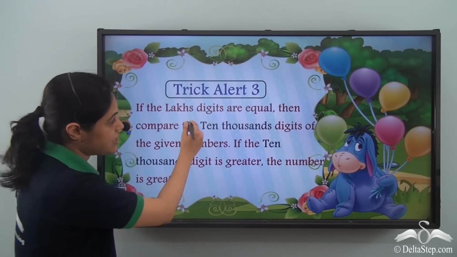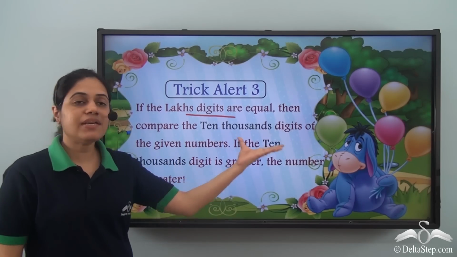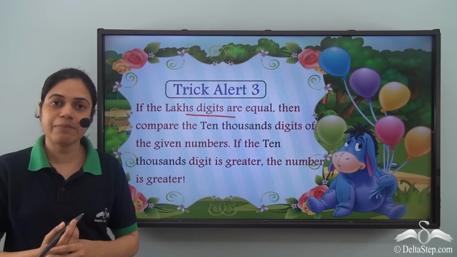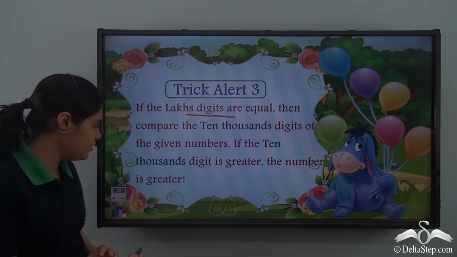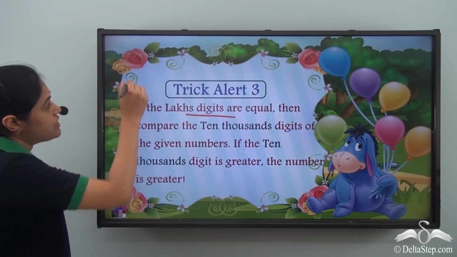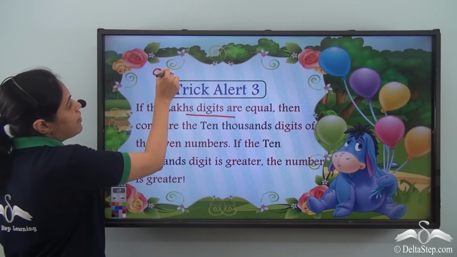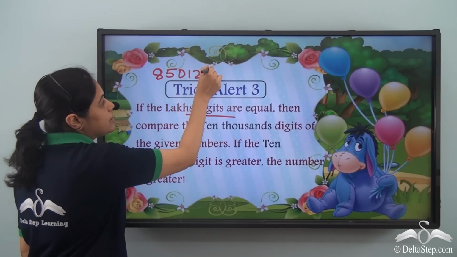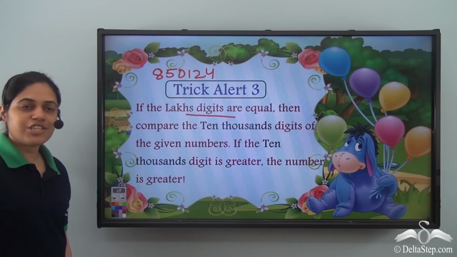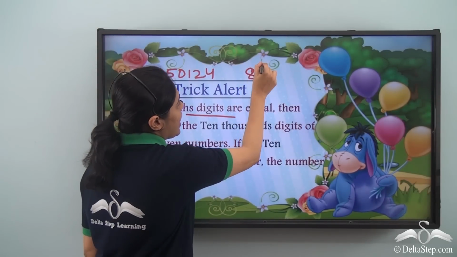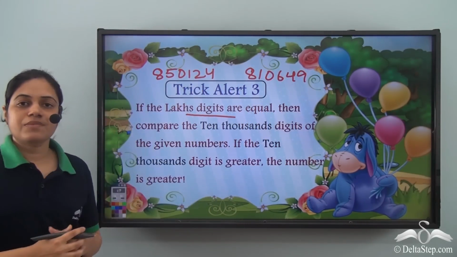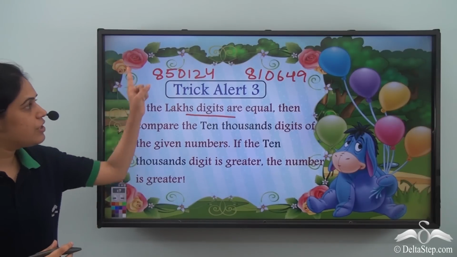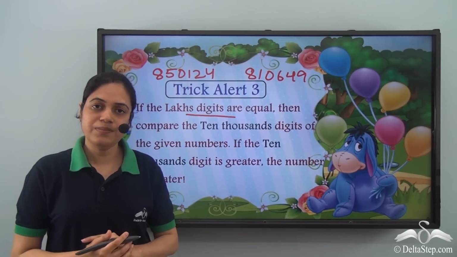Now if the lakhs digits are equal, then compare the 10,000 digits of the given numbers. If the 10,000 digit is greater, the number is greater. What does this mean? If I have a number like this, which is a 6-digit number, and another number like this, which is also a 6-digit number, the number of digits are equal.